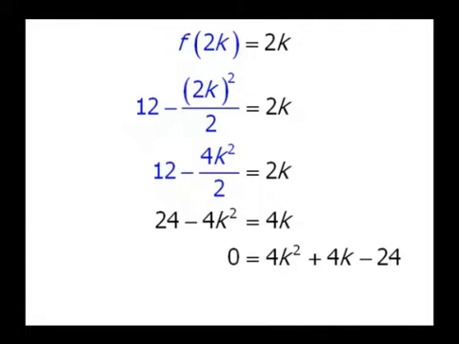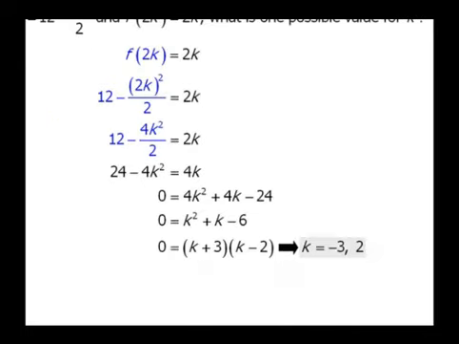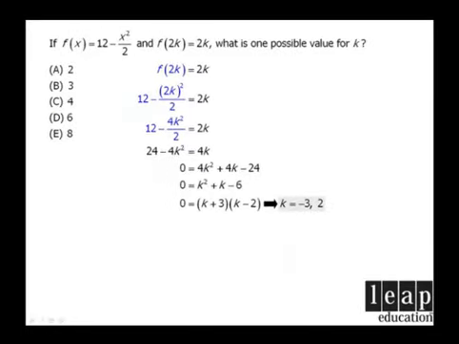At this point, we can divide both sides of our equation by 4 to simplify our quadratic. And now we can factor the right-hand side as follows. So if k plus 3 times k minus 2 equals 0, then k equals either negative 3 or 2. So as you can see here, our answer must be A.